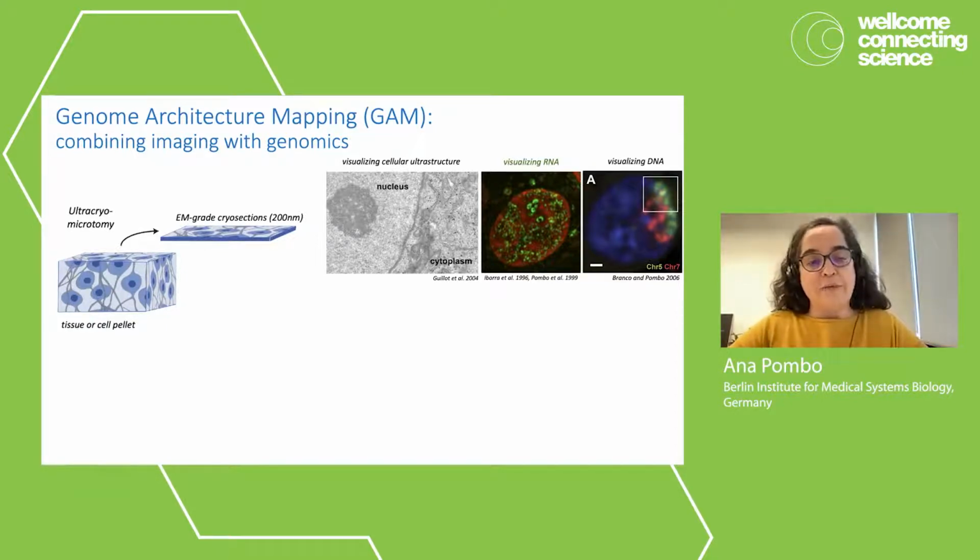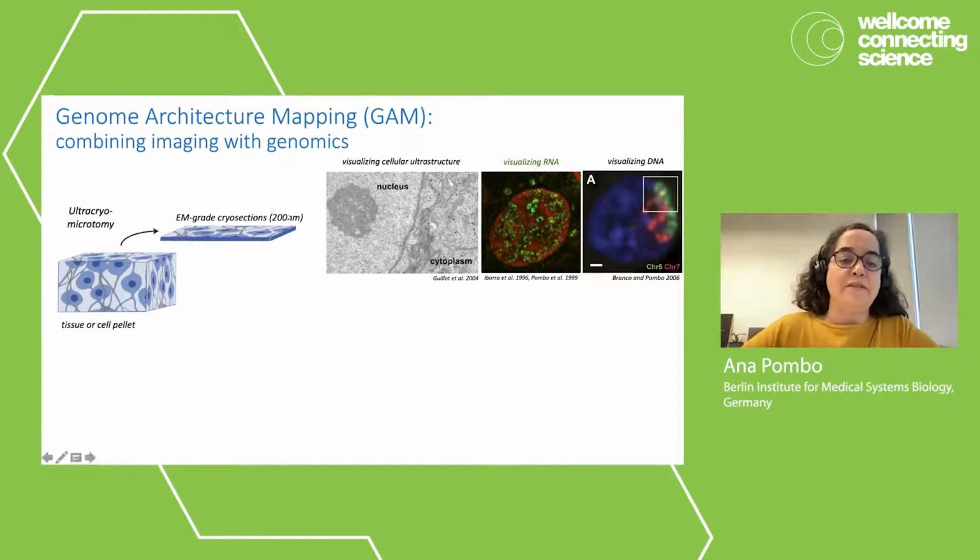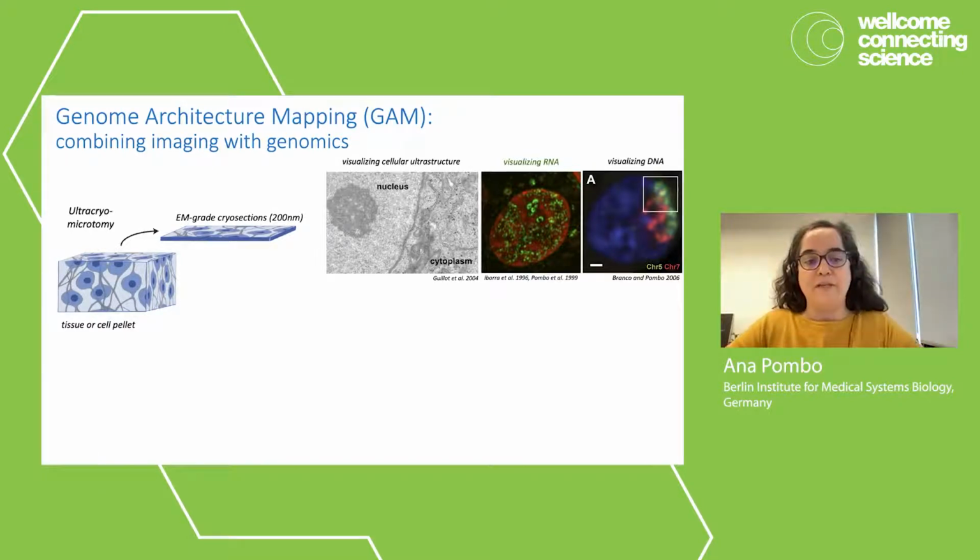They're frozen in liquid nitrogen and then cut into very thin sections using an ultracryomicrotome, which is common in most of the electron microscopy facilities around the major institutes in the world.